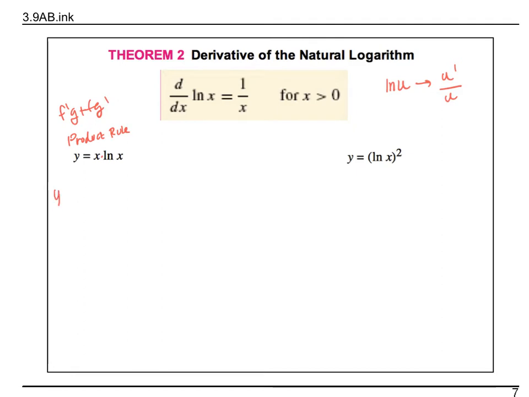Right, so y prime is going to equal, I'm just going to set it up this time, x prime ln x plus x ln x prime. Go through and derive it. X derives to 1, ln x stays, ln x derives to 1 over x. So final answer, ln x plus 1.